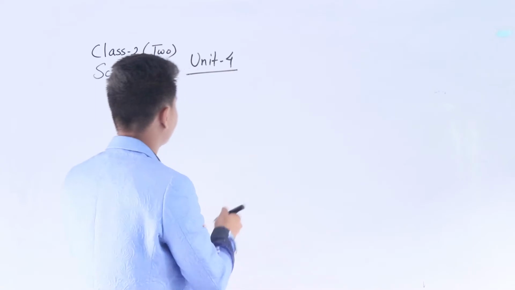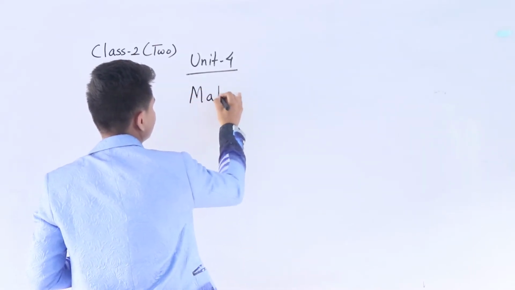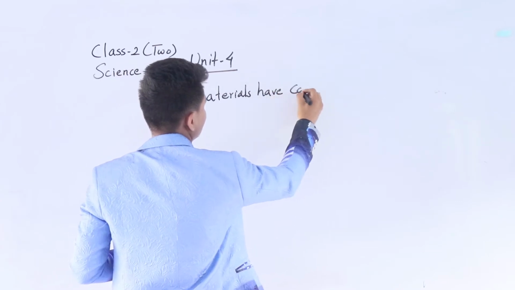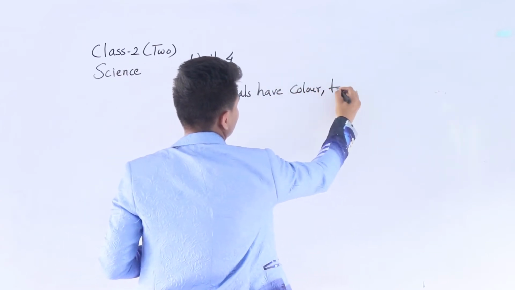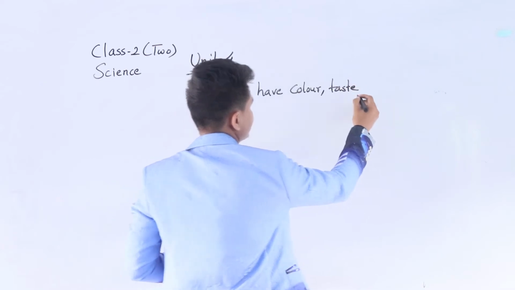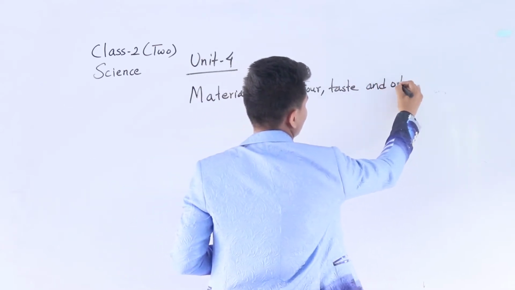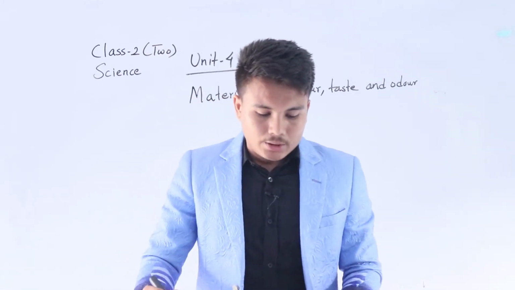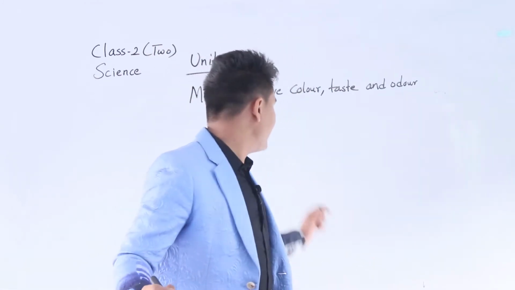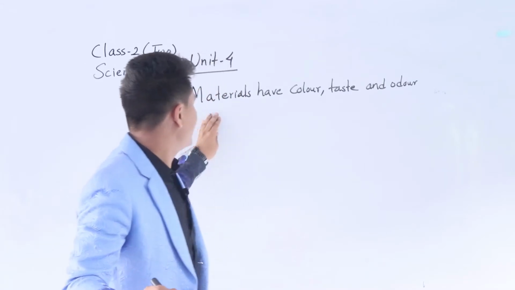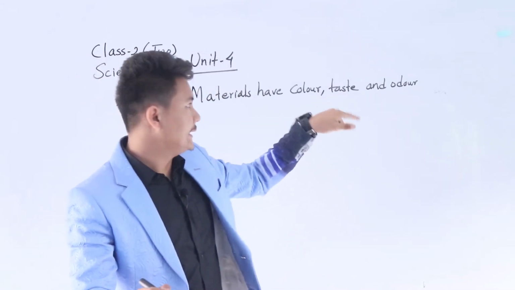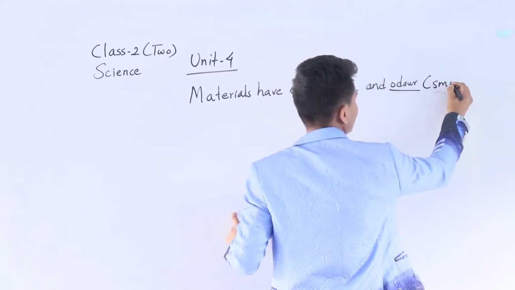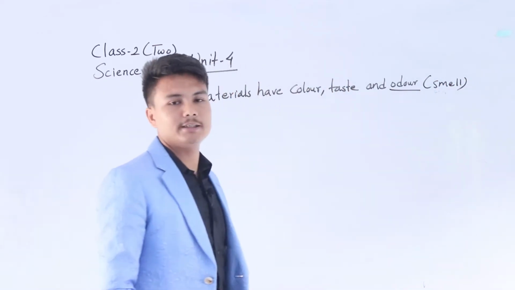Okay, so I would like to give some examples here. You would like to find the materials' color, taste and odor. This odor means smell. Okay, this odor means smell.